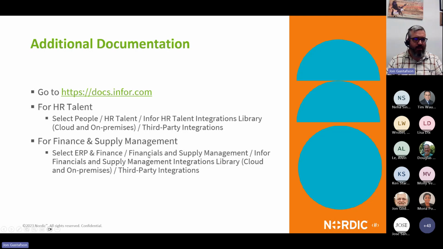For finance and supply management, inside of docs.infor.com, you're going to select ERP and finance, then financials and supply management. And then again, the document in this case is going to be Infor Financials and Supply Management Integrations Library, Cloud and On-Premises. Again, there's going to be a lock icon next to it. Inside of that document, the section you're going to want to go to is third-party integrations.